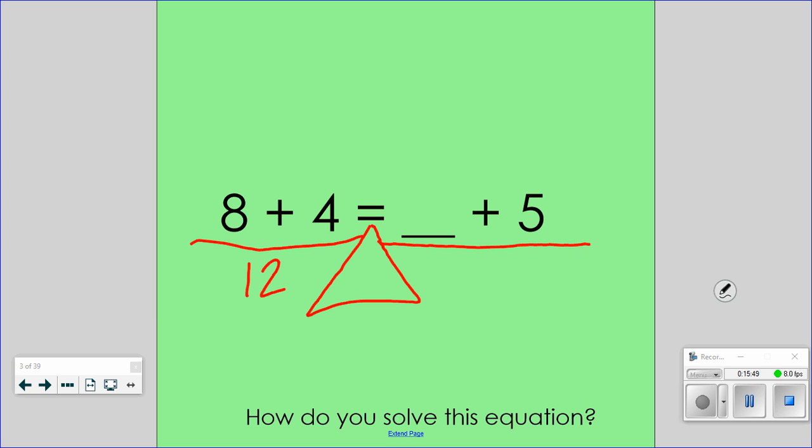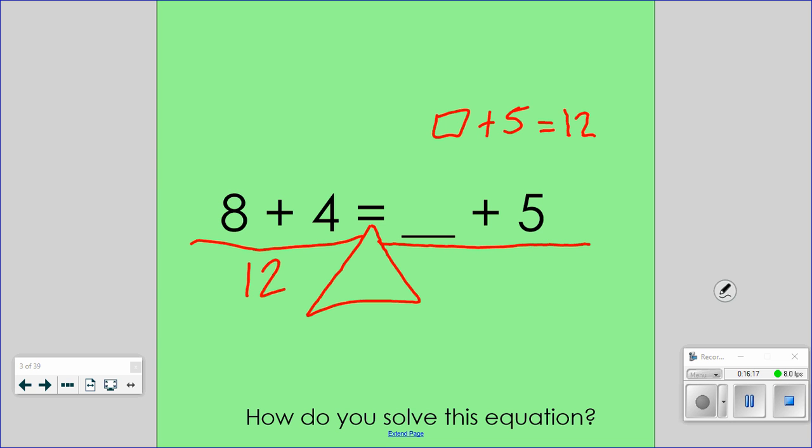We also have this other side, box plus 5, which we now know has to be worth 12. Why does it have to be equal to 12? Did I just pick that number because I like it?